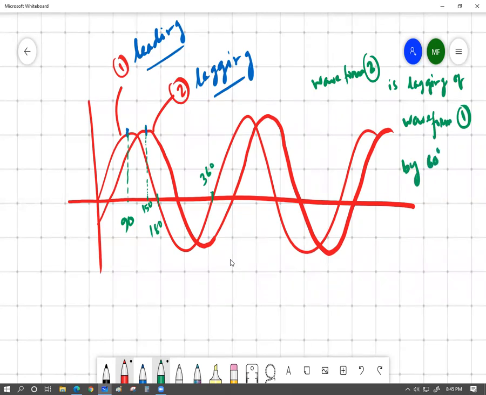This would mean that waveform 2 would be drawn on the right. This same information can also be said in this manner. Now, here's a catch. If you want to compare between this crest, let me use black, if you want to compare between this crest and this crest, how much would be the angle between them?